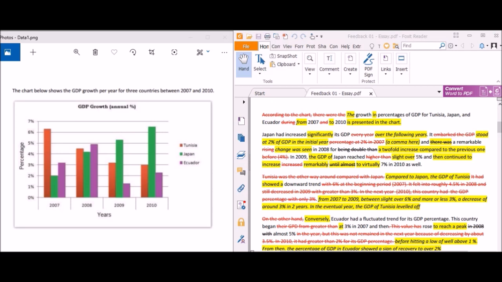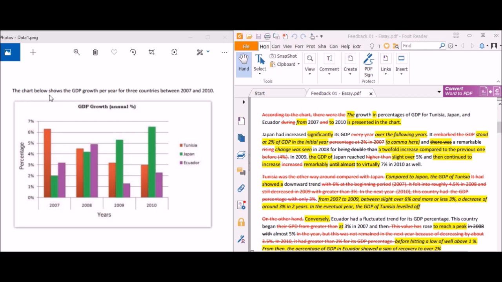Okay, today our lesson is about how to write data reports. You can see on the left side there is a chart, and this is the question.